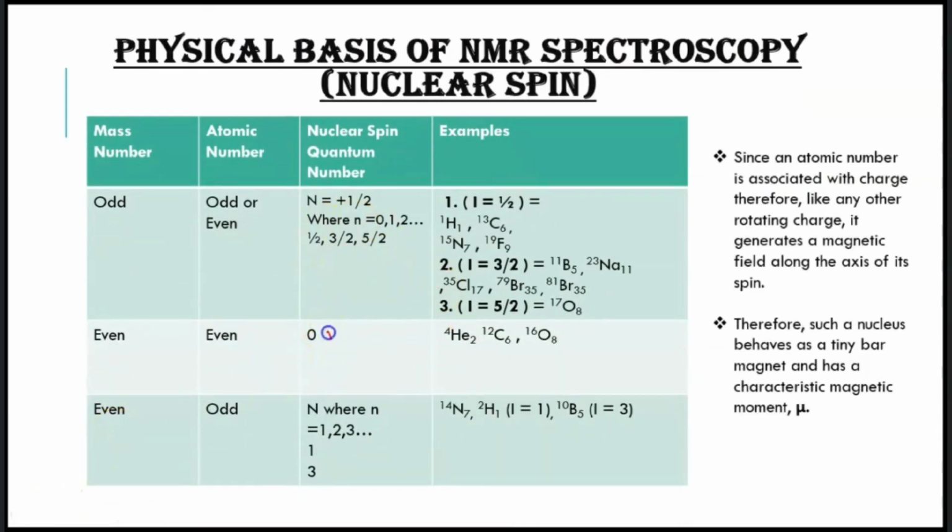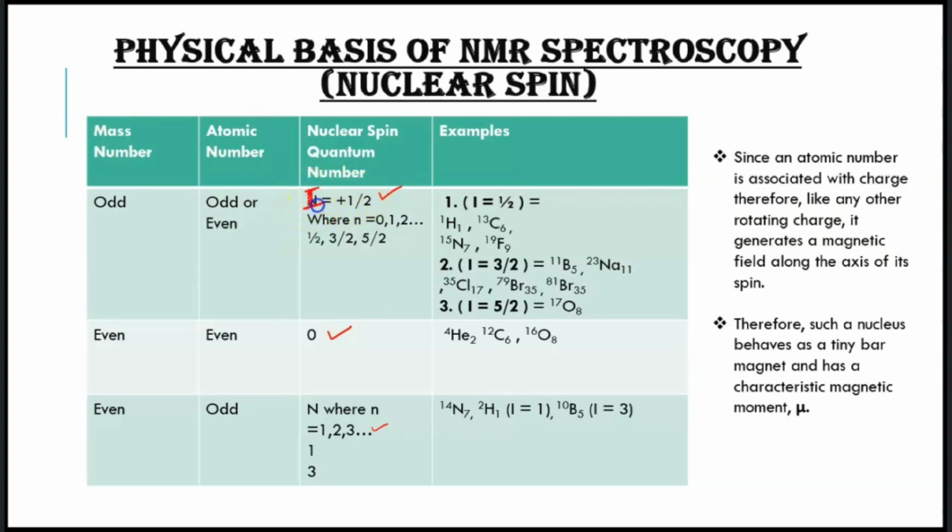Now, as I've told you, it can either have 0 value, or it can have 1, 2, 3 value, or it can have the fractional values plus half, 3 by 2, 5 by 2, 7 by 2. Okay, let me correct this over here.